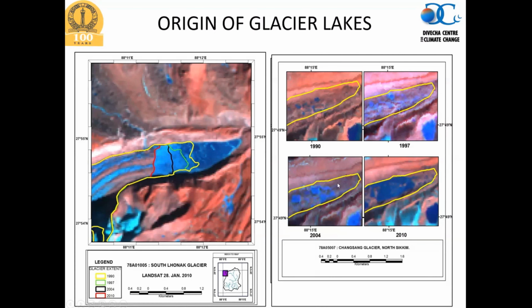Eventually, these ponds become bigger, and it leads to the formation of a huge lake on the glacier, provided the underground topography allows it to happen. If it is not allowing it, then it can drain out over a period of time.